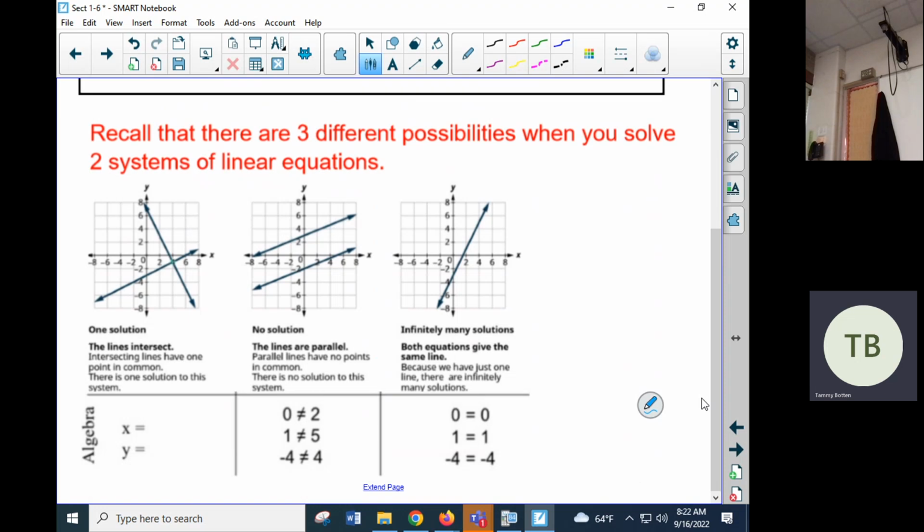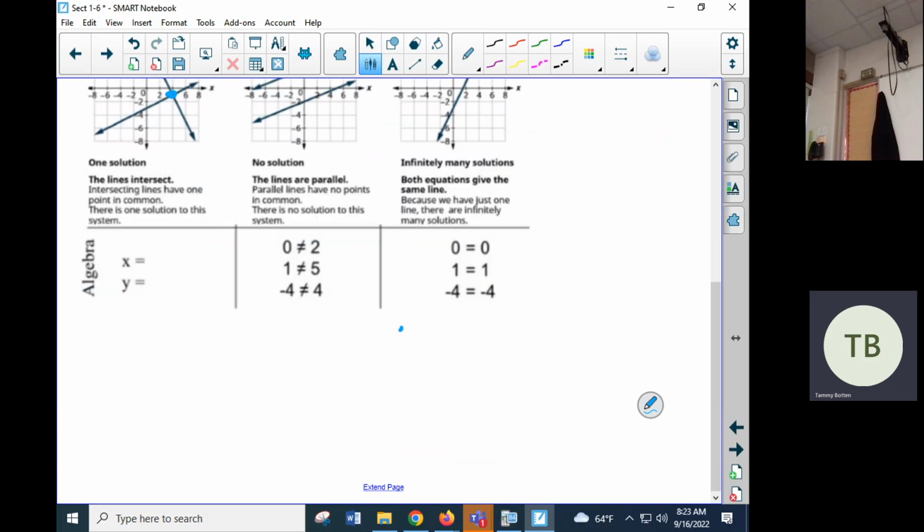So the one we just did was where we had 2 lines that intersect, and we found that actual intersection point, and we had it as an ordered pair. The second thing that can happen today is we can get parallel lines, and how we would be able to tell that today is you would get a situation like this.